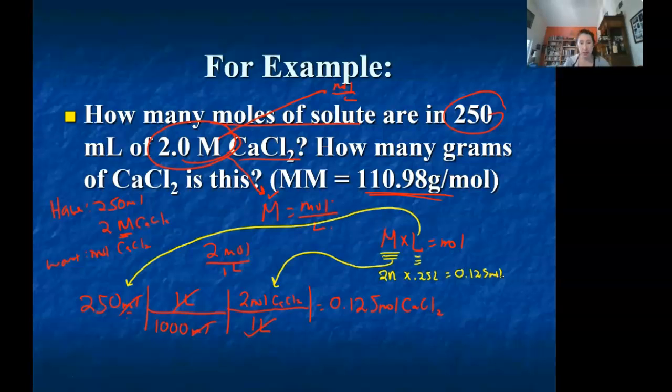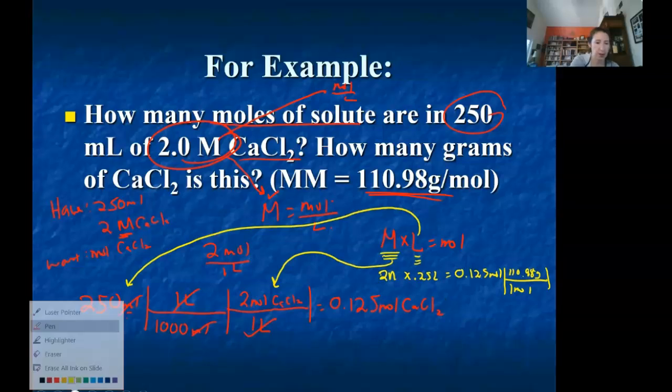Now, if we want to go to grams, you can go to grams from either of these. If you went to grams from this one, in 1 mole there's 110.98 grams.